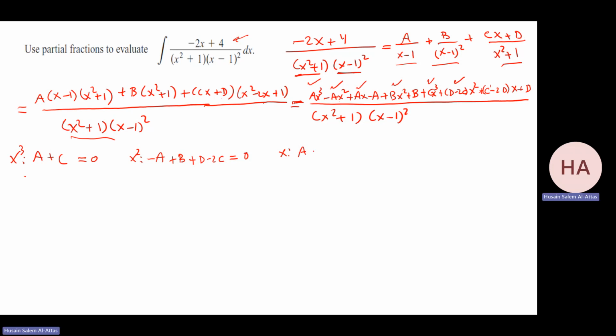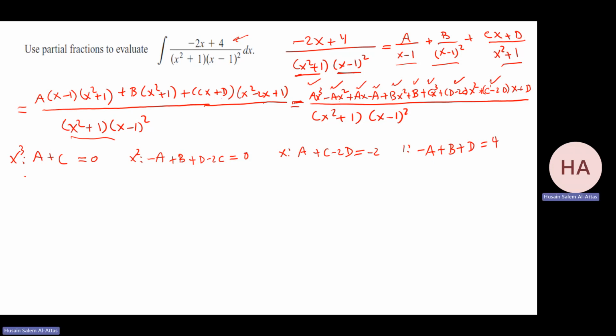And that should equal the coefficient of x here, which is minus 2. Now we'll come to the constant. I have minus A plus B plus D. And that should equal to 4.